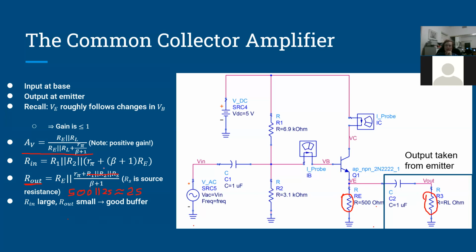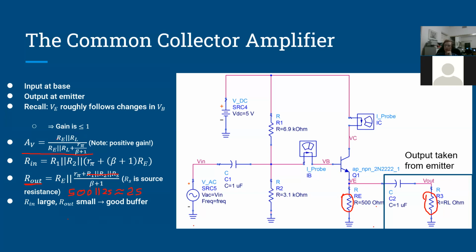That might be an antenna or something, or another amplifier, depends. So let's say RE in parallel with RL is much larger than 25. So we're driving a load that's much greater than 25 essentially. Then you could ignore this 25 ohm term, the R pi over beta plus 1.